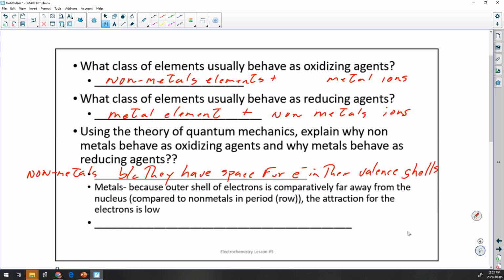And generally for metals, it's easier to remove electrons because they're far away. Generally, they are far away from the nucleus.